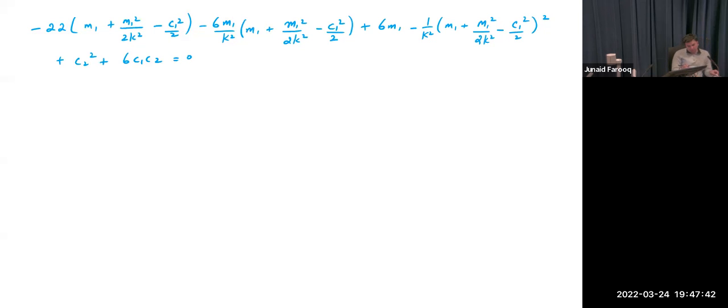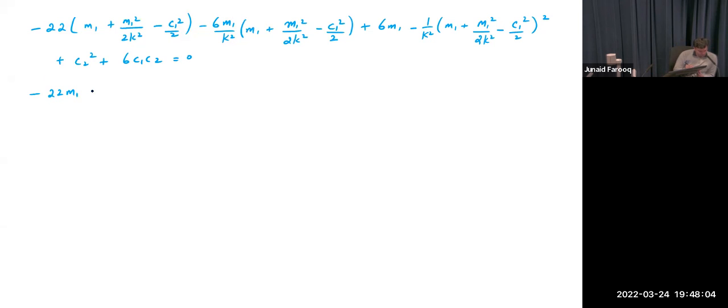So you see it's getting a little messy, but at least we have a quadratic equation in m1 from which m1 can be found, but we just have to simplify these constants a little bit.